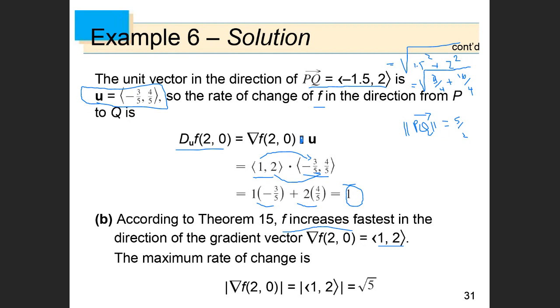That maximum rate of change is given by the norm of that gradient, which is the square root of 1 squared plus 2 squared. So this is the greatest, or maximum, rate of change. You get the root of 5. Got it, guys? Any question on this?